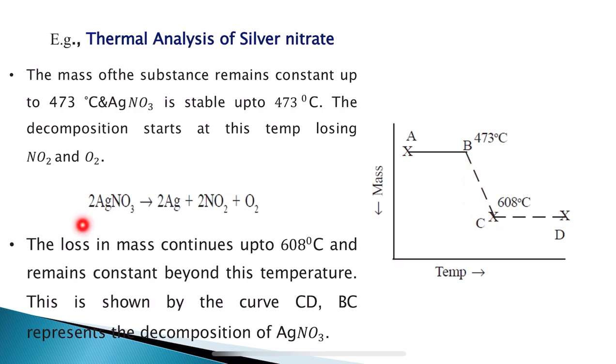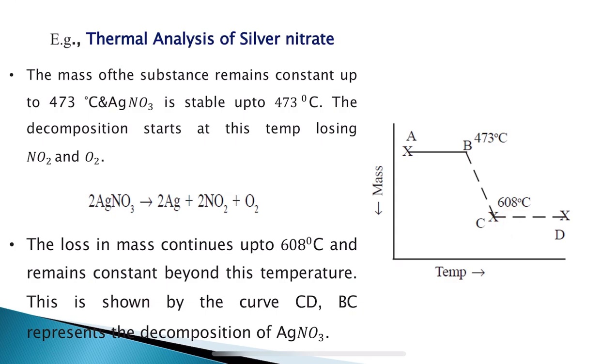So, this is the reaction which is going to take place in this thermal analysis of silver nitrate, where the silver nitrate is going to decompose into silver, Ag, plus NO2 plus oxygen, O2, which is going to get evolved. Okay. So, the loss in mass continues up to 608 degree centigrade.